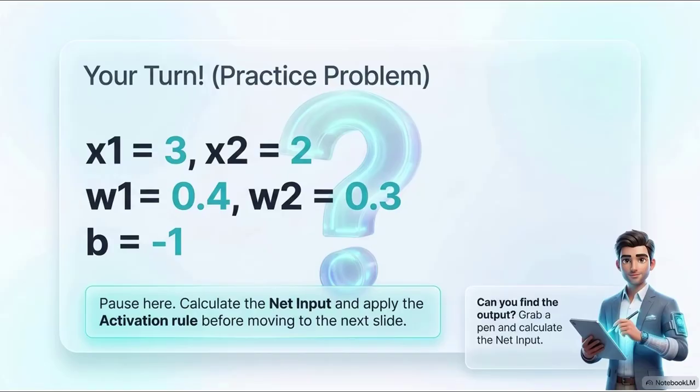Now your turn. X1 is 3 here, X2 is 2. Although here we have given some values to X1 and X2, otherwise you can have a binary decision for X1 and X2. Sometimes we give the binary decision as 1.